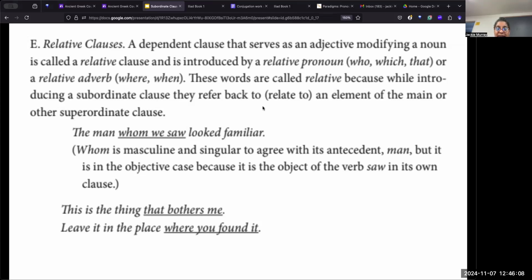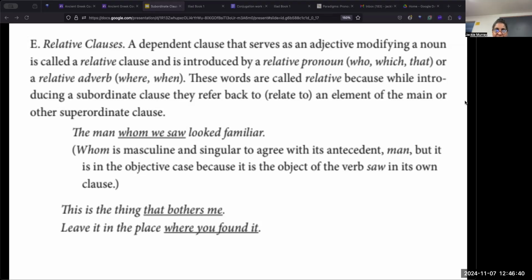So he says it can be used with a relative pronoun, or you can sometimes have the relative adverb or conjunction as we were just looking at before. So these words are called relative because they introduce the subordinate clause, and there's something in that relative clause that refers back to something in the main clause, right? So the man whom we saw looked familiar.